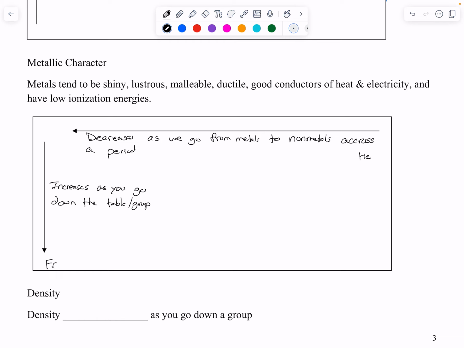Francium would be the most metallic and have the lowest ionization energy. Hopefully that makes sense. So, let's repeat that. Least metallic, most metallic. Highest ionization energy, lowest ionization energy. That's the trend going this way. But it's not perfect. It's not a perfect straight line. It's an overall trend.